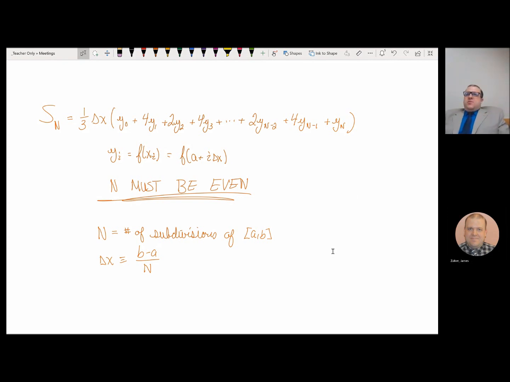Obviously, the larger the number of subintervals you use, the more accurate the approximation gets. So here's the problem with numerical techniques.